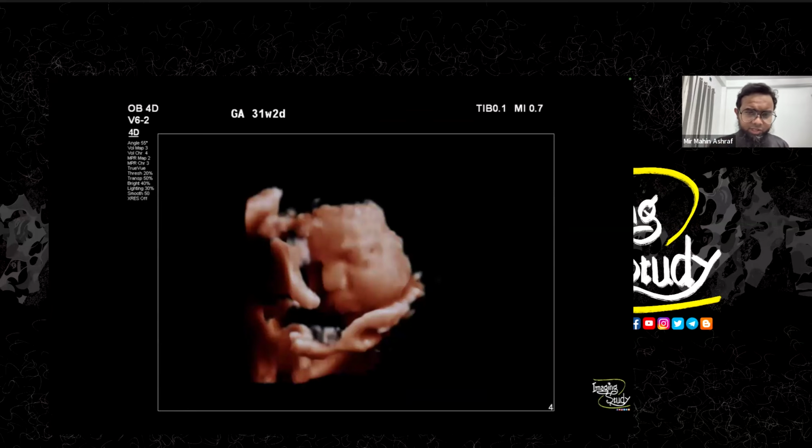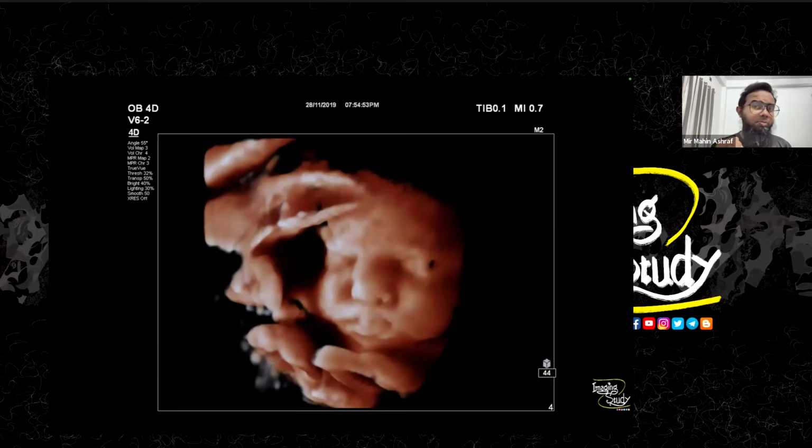Here I have taken a picture, just put the prop, put the transducer, put the 3D option, and just collected the data. This is the data. You can see the face over here. This is the fetal face, this is the eye, this is the nose, but I'm not satisfied with this picture. After reconstruction, you can see this is the picture.